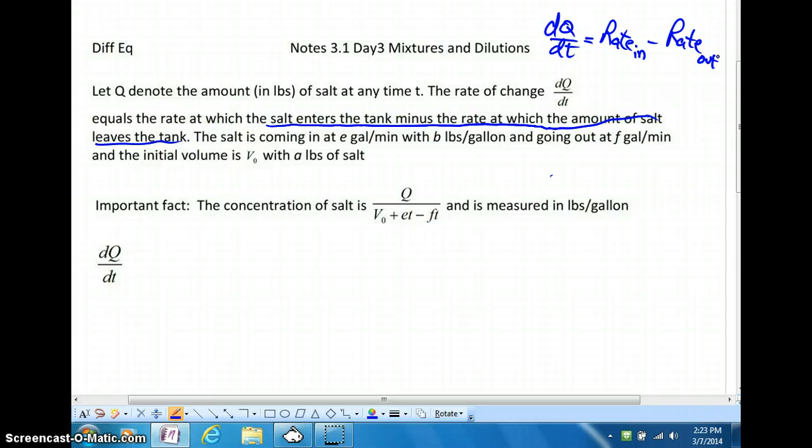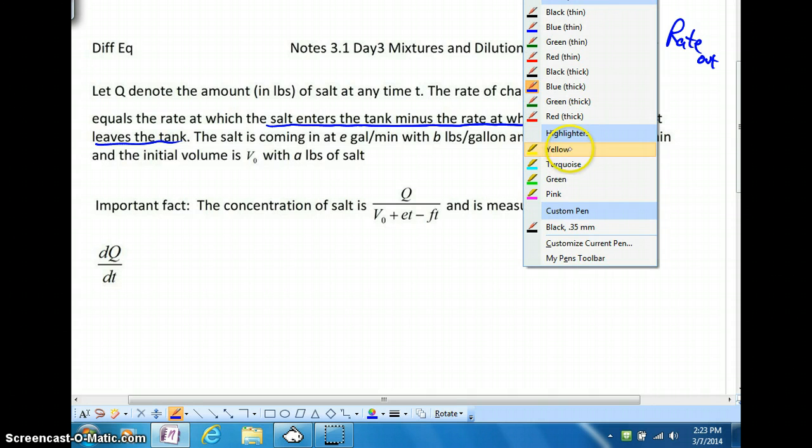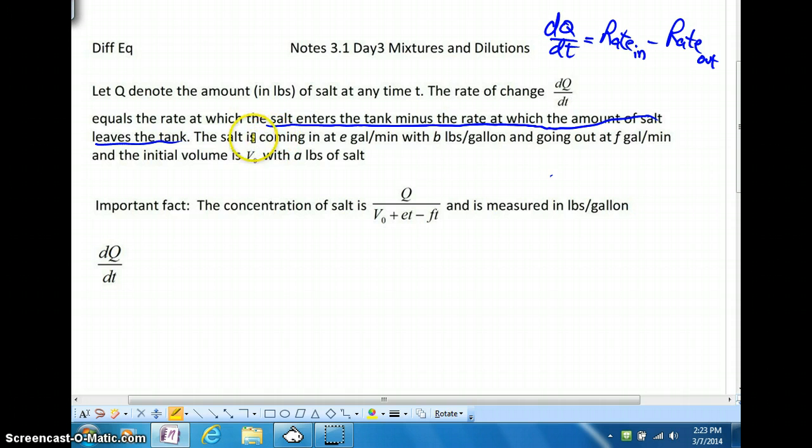So let's get a few more things reviewed. Let's say salt is coming in at E gallons per minute with B pounds per gallon. So if you think about that rate coming in, I'm going to write up here in the top right corner, we had E gallons per minute times B pounds per gallon. I'm even going to write the units out to make it super obvious what's happening.